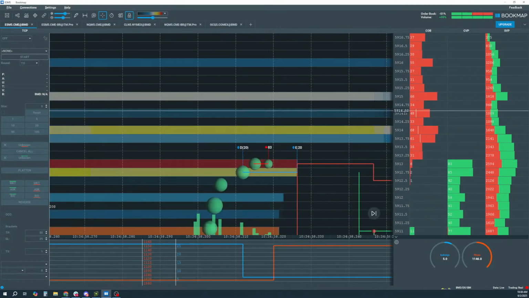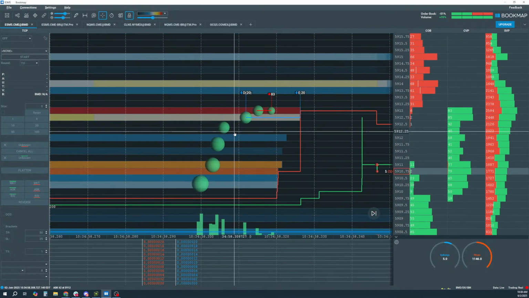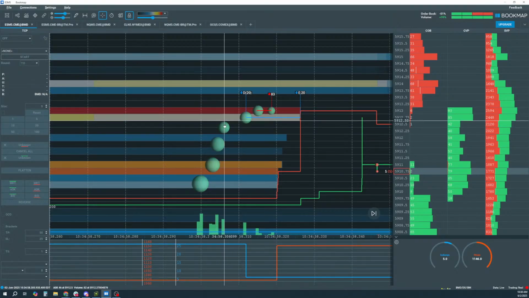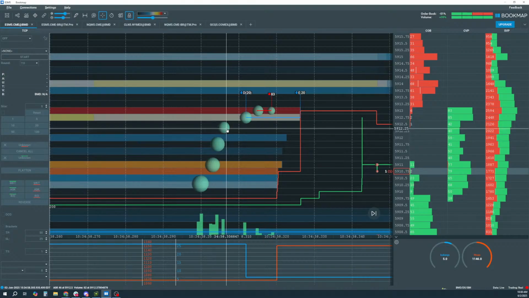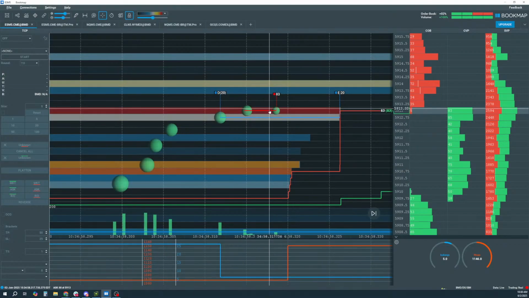That means a larger player swept the order book. They're long, or maybe they're covering, but whatever the position is, these are aggressive buys.